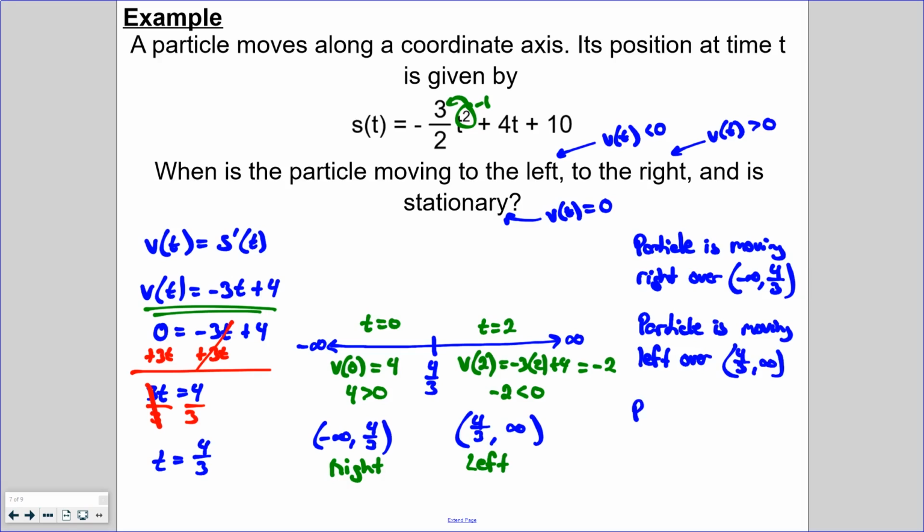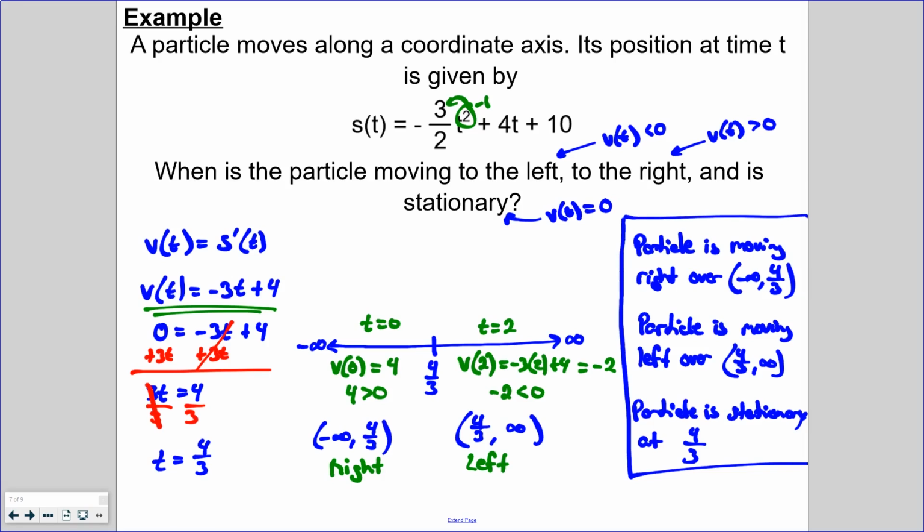And then finally, our particle is stationary at 4/3. And there we have it. We have now figured out when the particle is moving left, when it's moving right, and when it is stationary.